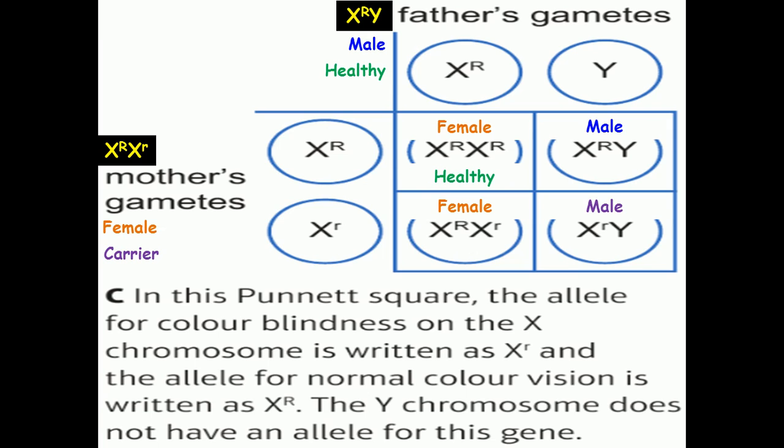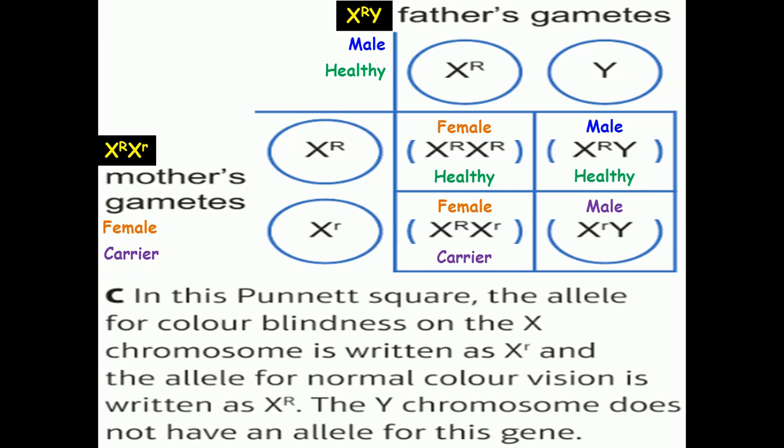The next possible offspring is just a capital R on its own because there's only 1 allele. There is no allele on the Y chromosome, so capital R is also healthy. The next person is capital R lowercase r. That means that they are carrier because they have 1 healthy allele and 1 color blindness or red-green color blindness allele.